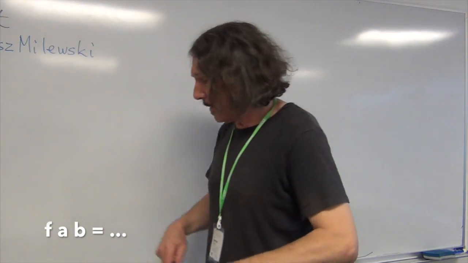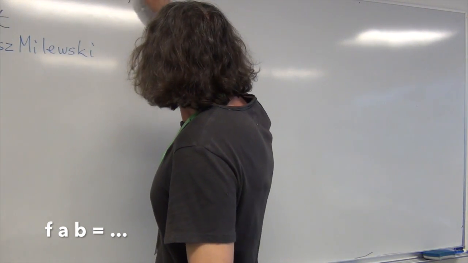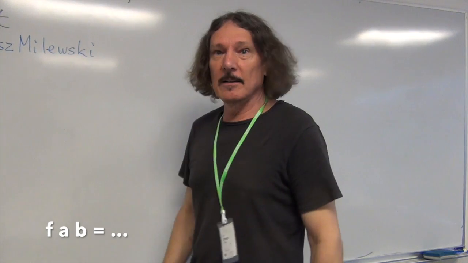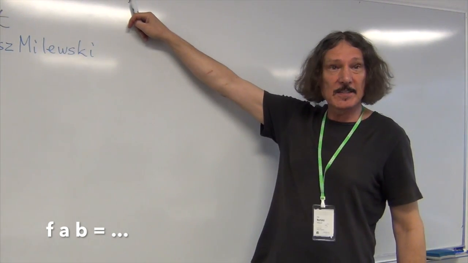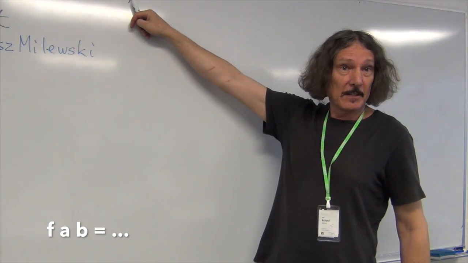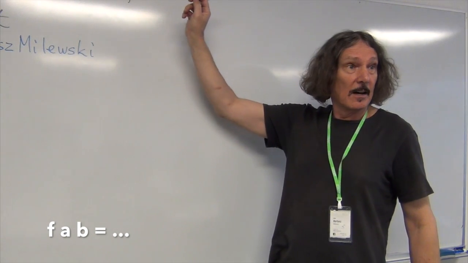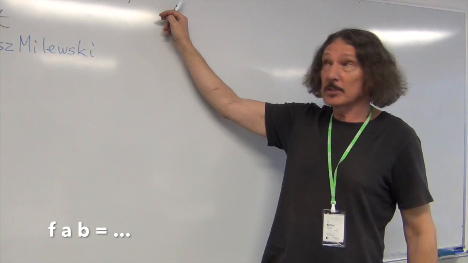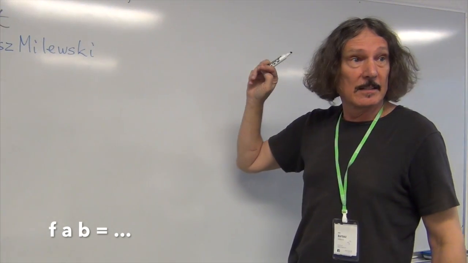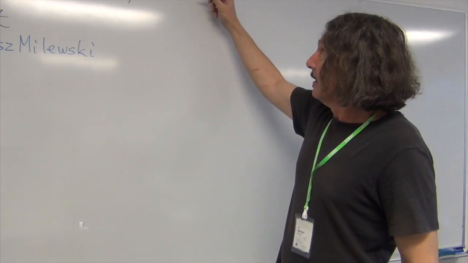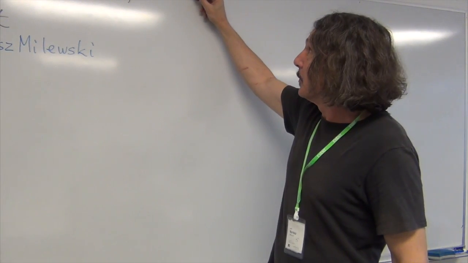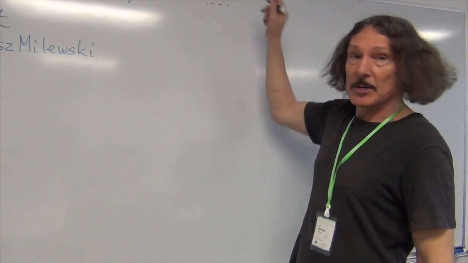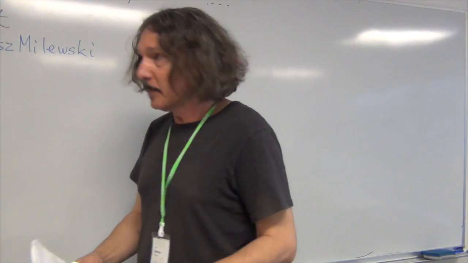So, you might remember from the last time, it's something like f a b. Always the first thing is a function. The other ones are arguments to this function. That's the syntax for a function call. And if we are defining a function, then we put an equal sign here and some expression here.